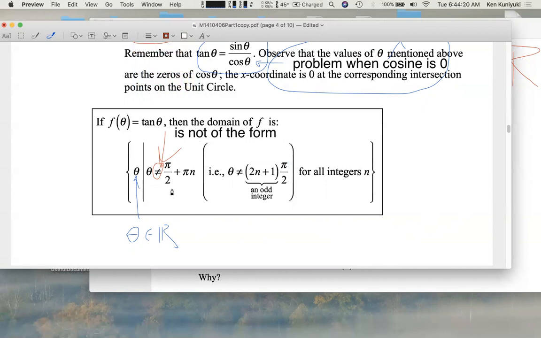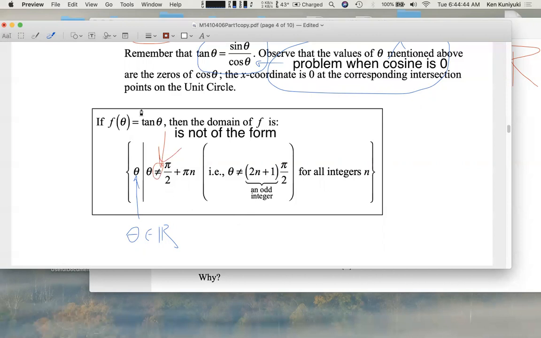Remember, these were the angles that gave us VAs. The domain is the set of all angles, theta, such that theta is not where we have a VA, not of the form pi over 2 plus pi n. Don't forget to slash the equal sign. In other words, theta is not like 1 pi over 2, 3 pi over 2, and so forth.